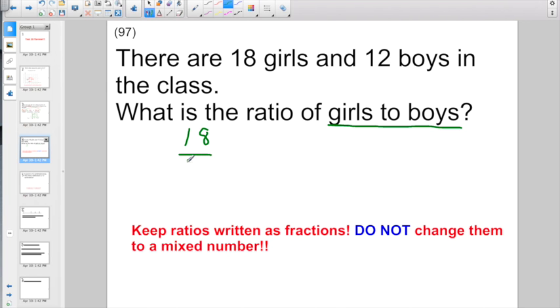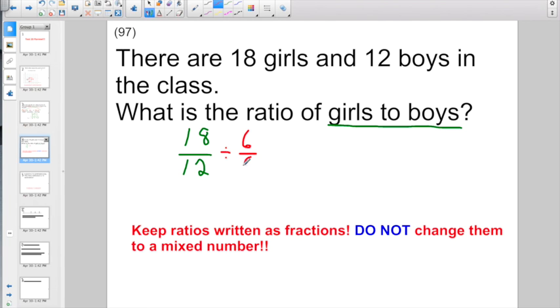Even though you can't simplify these into mixed numbers, you can go ahead and reduce by dividing by the greatest common factor. And the greatest common factor in this case is 6.